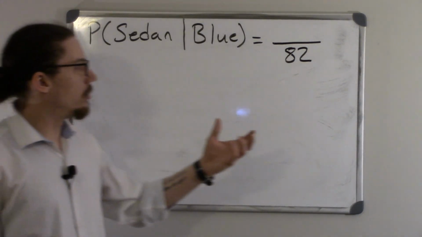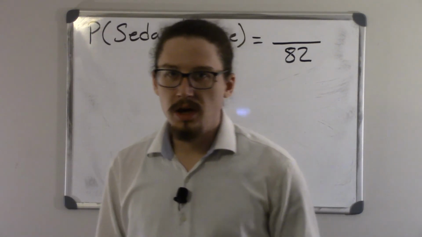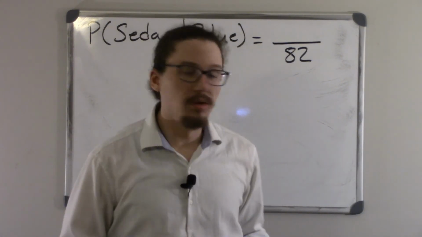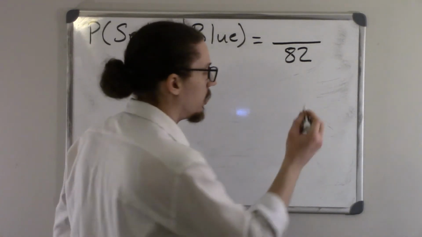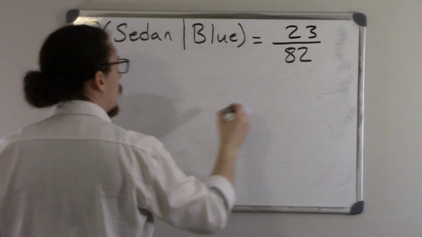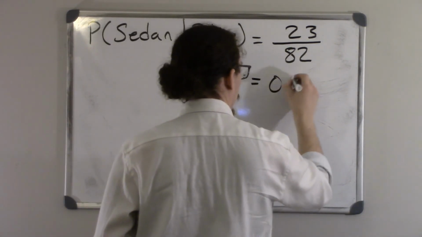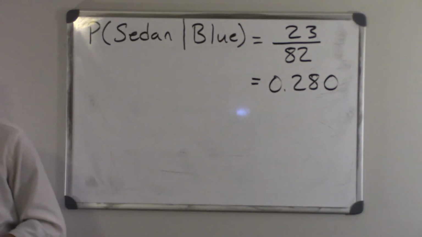Then if we want to know the probability that we saw a sedan out of those 82 cars, we just need to find how many of those blue cars are sedans. So we look for the intersection of blue and sedan. We find that there are 23 blue sedans, and that the probability is 0.280.